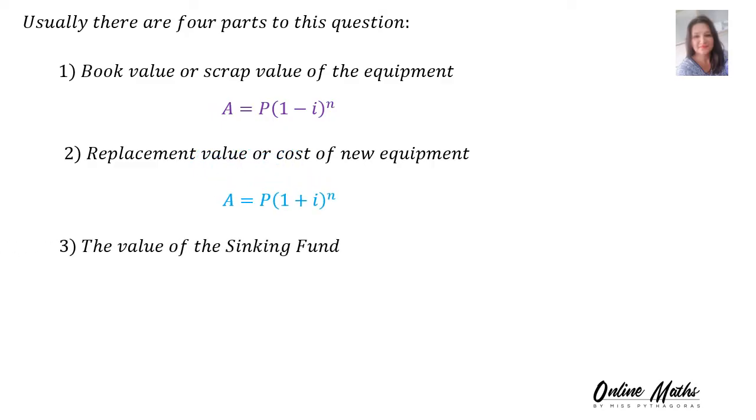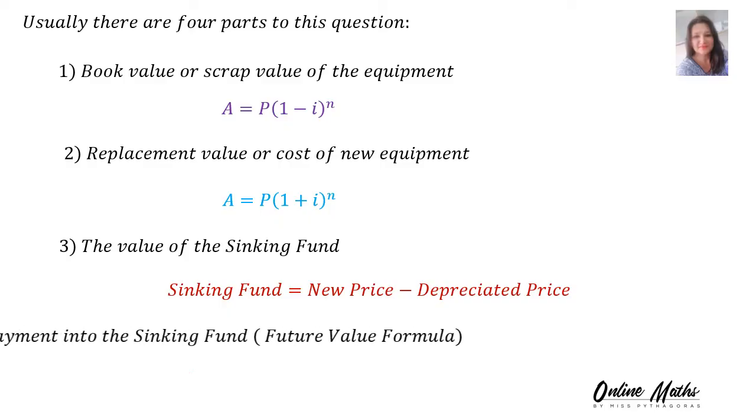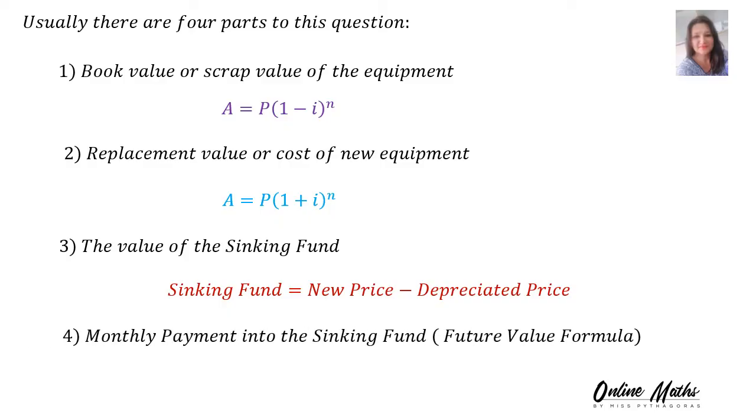The third thing will be the value of the sinking fund, with the formula: the sinking fund's value equals the new price minus the depreciated price. And the fourth one, the monthly payment into the sinking fund. And we will use the future value formula, which is this one.